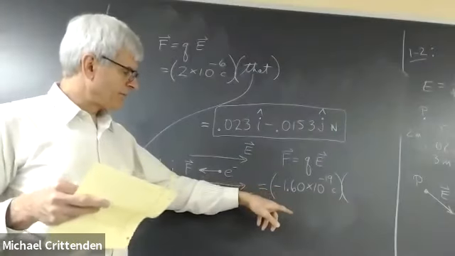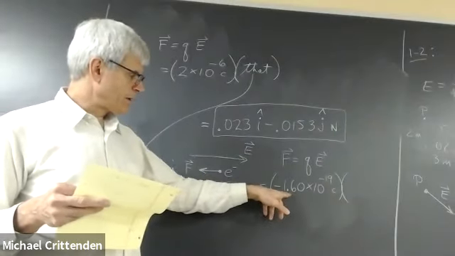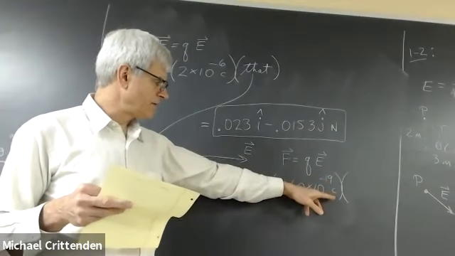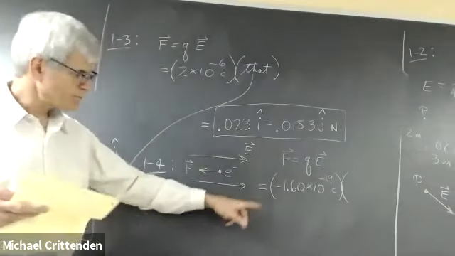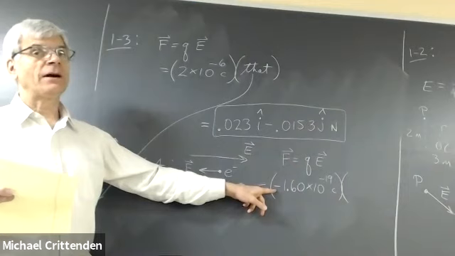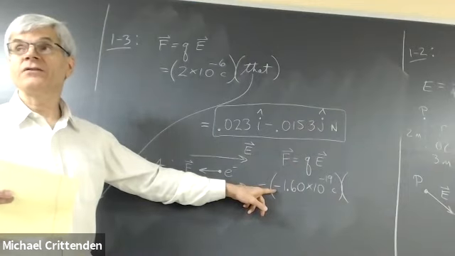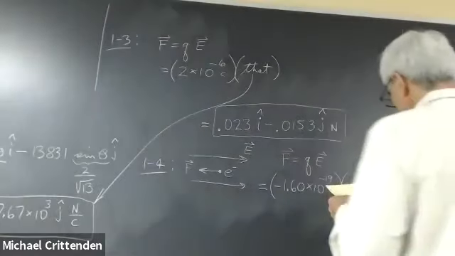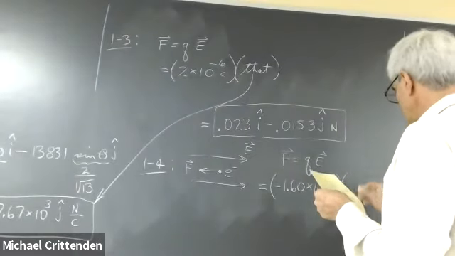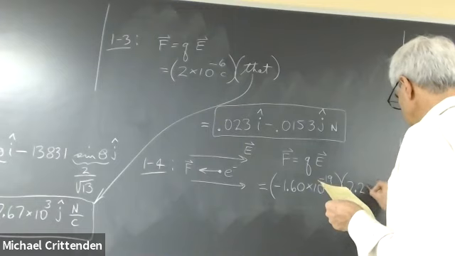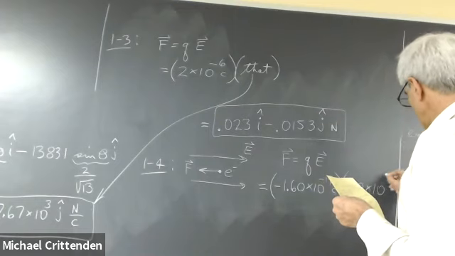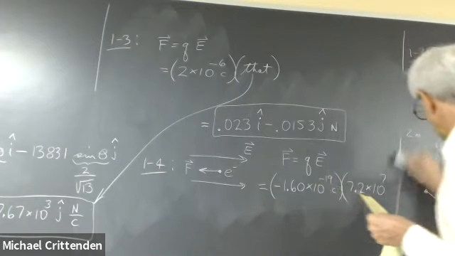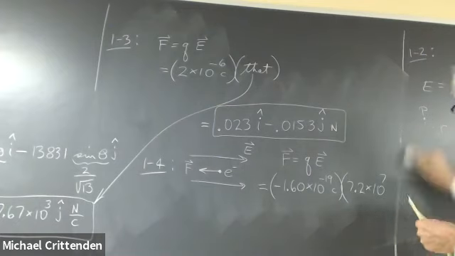But if you don't happen to have a photographic memory, that's where you can get the 1.6 times 10 to the negative 19th coulombs. Since it's an electron, you have to remember to stick a minus sign on it. And E, the field, is given in the question, 7.2 times 10 to the 7th.